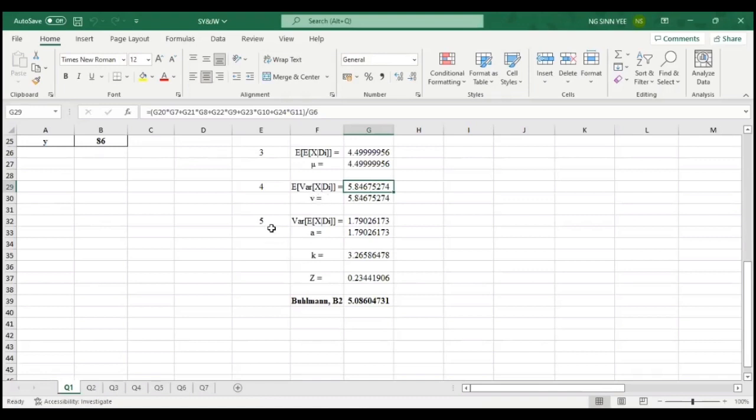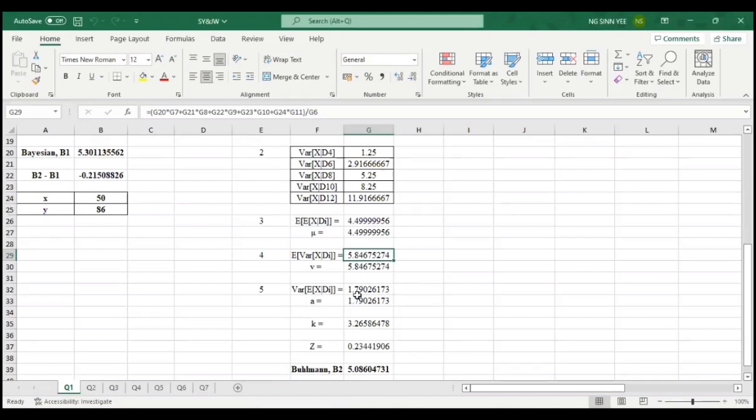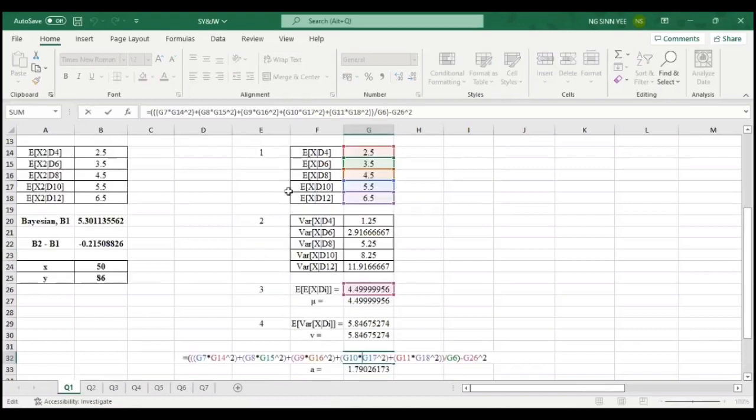So the last thing we need is the variance of the expected value of x on the condition of the dice. So basically, in this value, we just need to find the expected value of x squared on the condition of dice. So basically, we are just taking this table which we name it as 1.